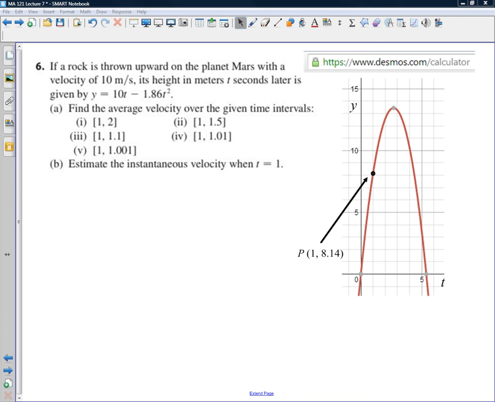In other words, every one of them involves a point that I've labeled P on the graph, and the location of that point is 8.14. And we're interested in what's called the instantaneous velocity of the object at point P. That is, we're looking for the slope.